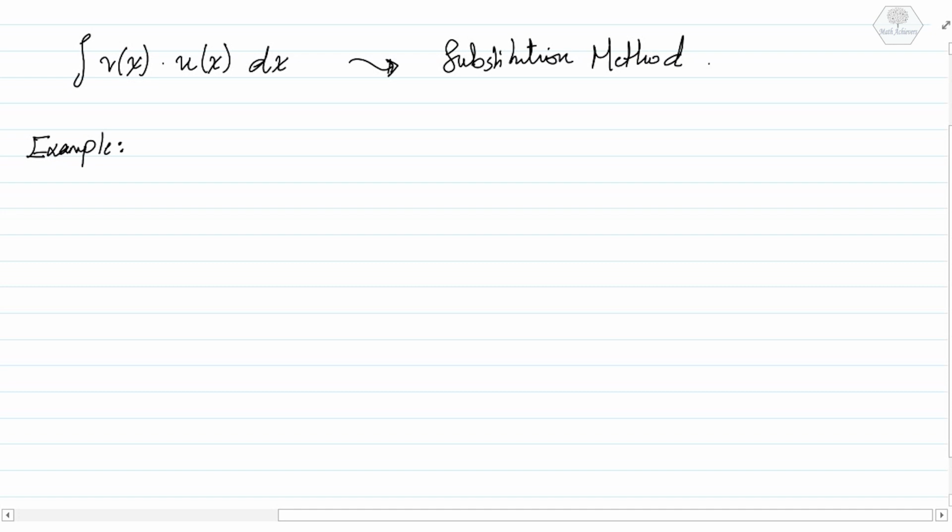I want to integrate x times the square root of 2x plus 5 dx.